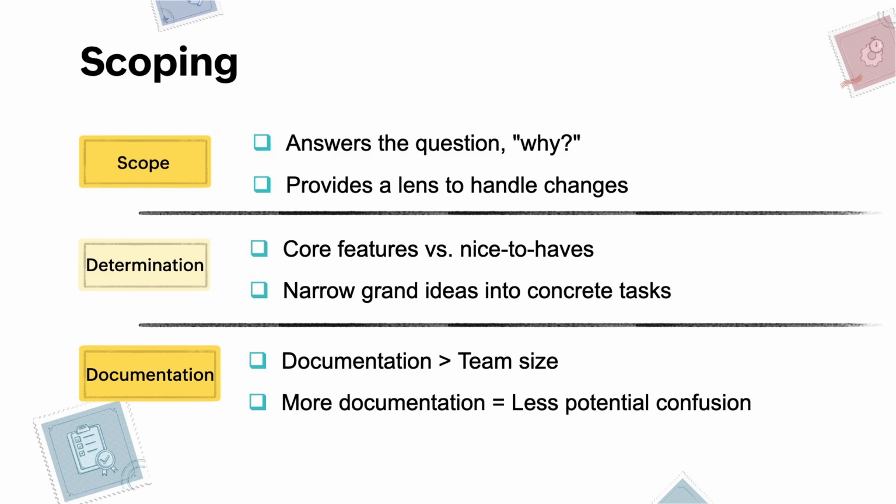And not only is it going to answer the question why, but it's going to provide us a lens for changes that we can, if it's a client that we're delivering a project, then if you're, let's say, 2 months into a project and you get on a meeting with your client and they start talking about everything that you had not talked about and saying like, why isn't this here? Why aren't we doing this or that?